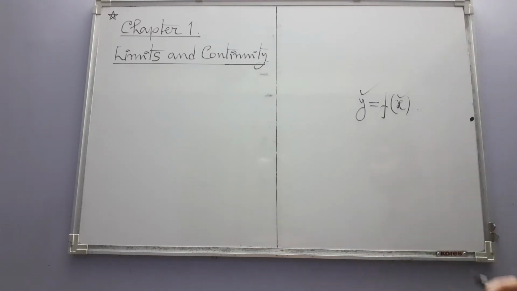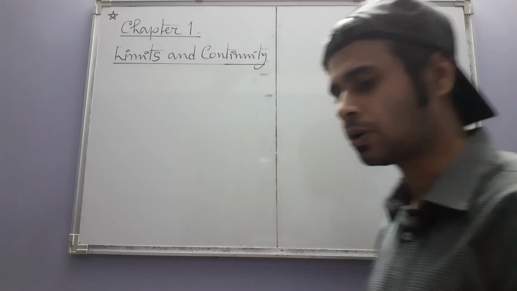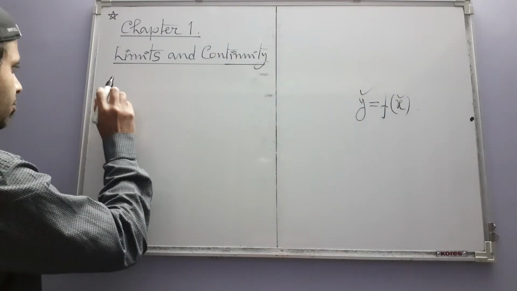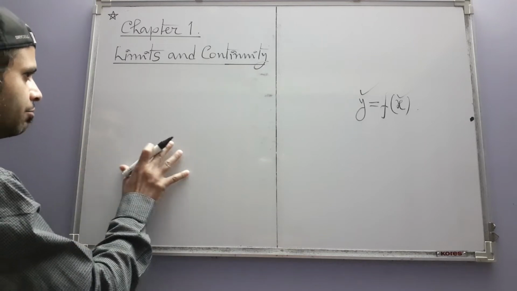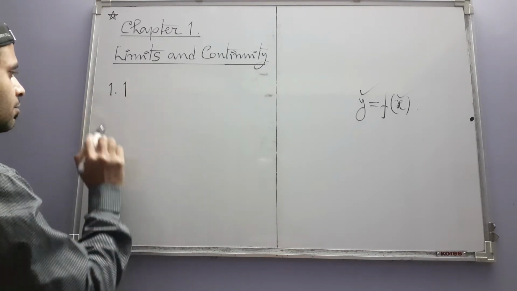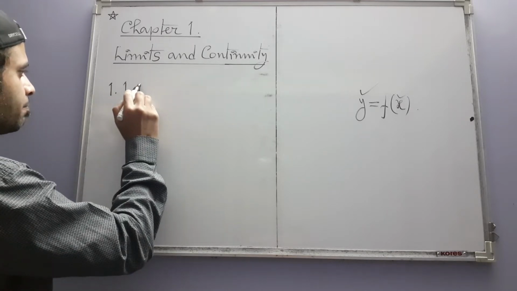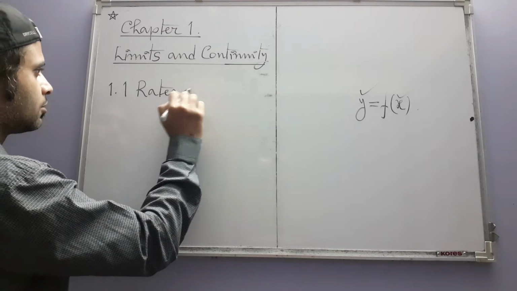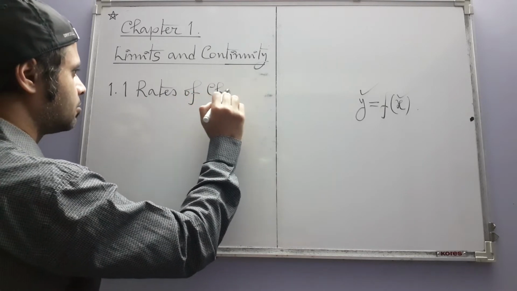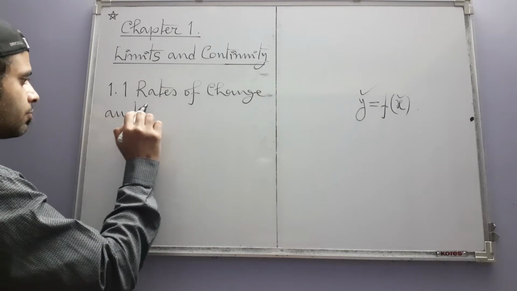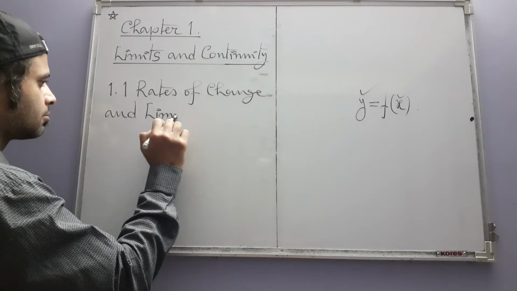So the authors have defined speed first of all, which is also something we already know, but it's important to see why we need speed here. So this is the first section: Rates of change and limits.